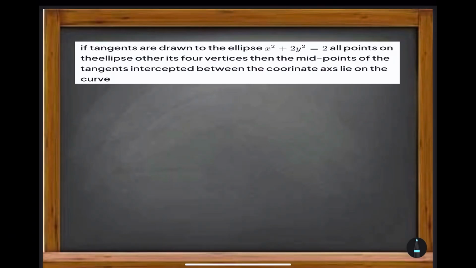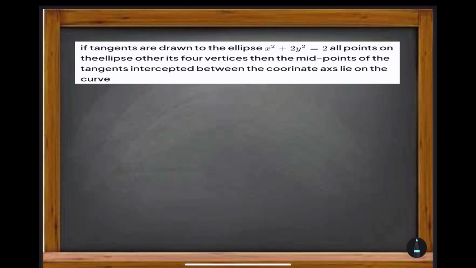Okay, so we got this situation. If tangents are drawn to the ellipse, you have to drop tangents at all points on the ellipse other than the 4 vertices. You have to drop a tangent at every point on the ellipse, but you cannot drop a tangent at the 4 vertices.